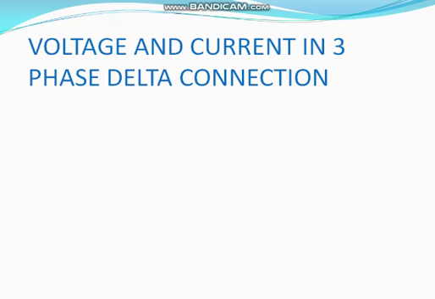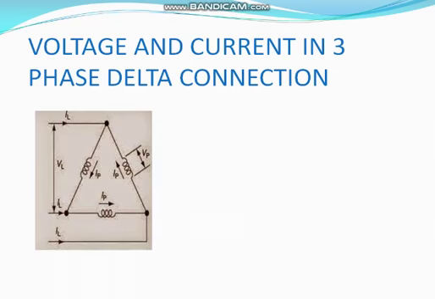Now the voltage and current in a 3-phase delta connection. This is the 3-phase delta network, consisting of 3 identical coils which are connected in delta. If we connect a voltmeter between 2 phases, we can measure the line voltage as well as the phase voltage.